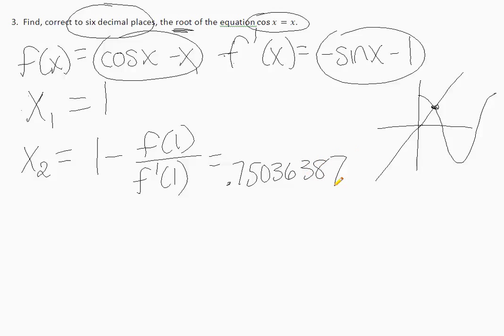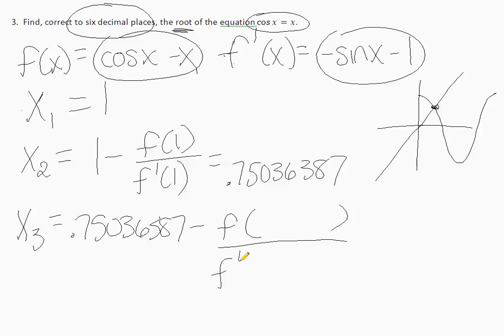0.75036387. It says 6 decimal places, I kept 7. So now I do it again. x3 would be that answer, 0.75036387, minus f of that answer over f prime of that answer.